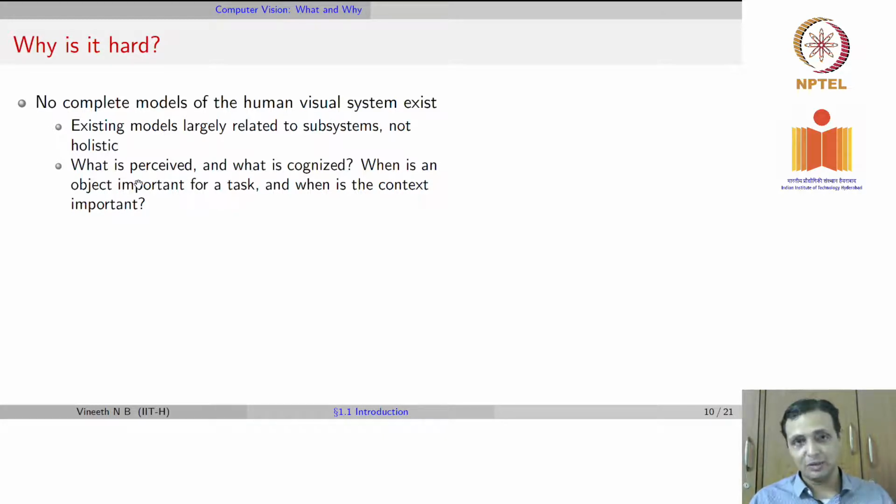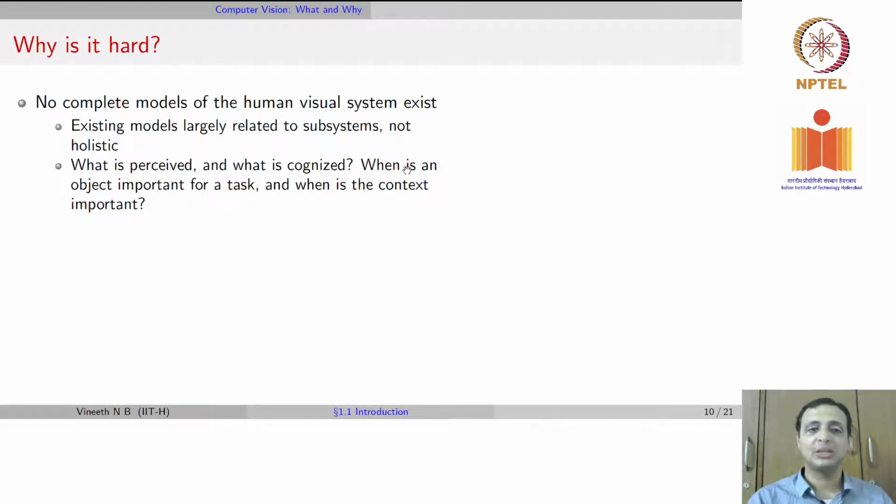Take the example of the Hermann grid illusion that we saw: what you perceive and what you cognize are two different things. You may look at a piece of thread in the night and think it's a snake. So once again, what you perceive and what you cognize are different, and that makes the problem even harder.